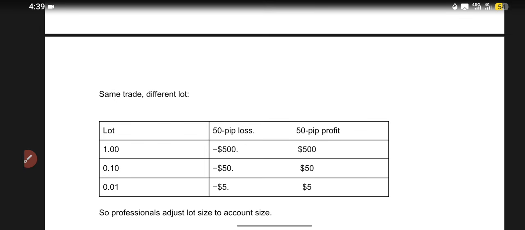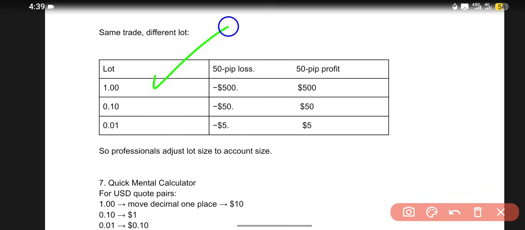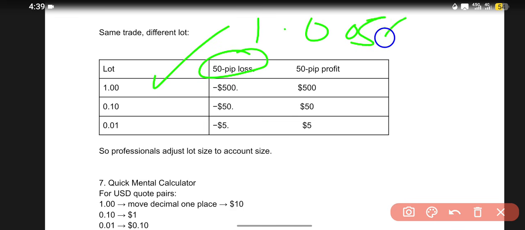Now this is a comparison between the lot sizes. This is the same trade but different lot sizes. For a standard lot, every 50 point movement, that's every 1.00, let's say 1.50, price movement is $500.